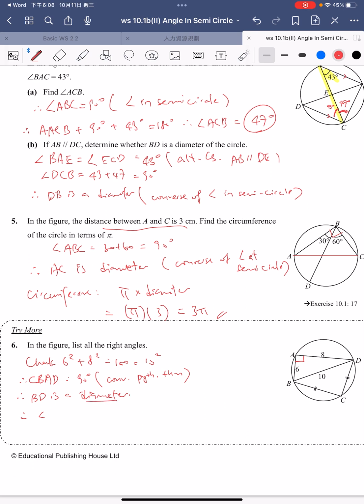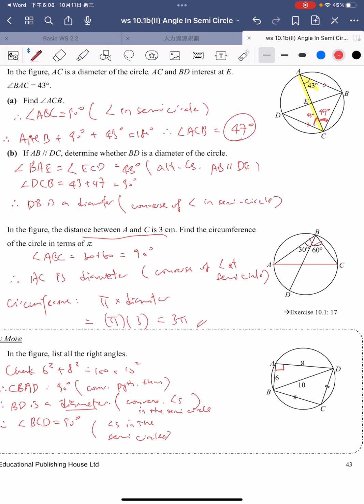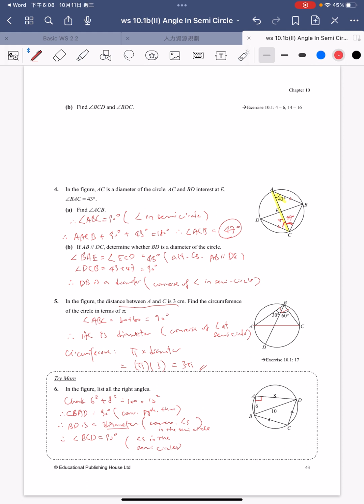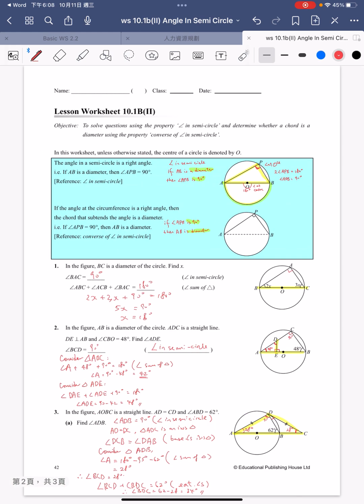So now we have a diameter, so that we have the angle BCD is equal to 90 degrees as well. The reason for the first one is the converse of angles in the semicircle. And for the second one is actually the basic one, the angles in the semicircle. So that's how you do all the questions in this worksheet, the 10.1b level 2.